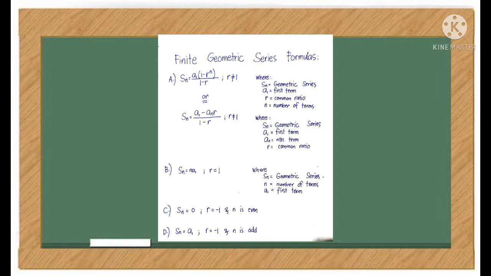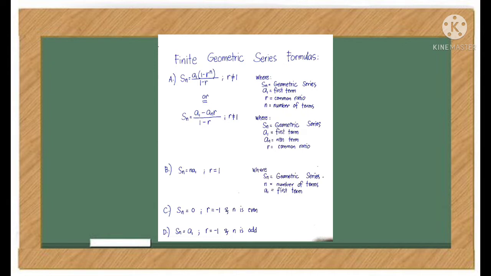If in case your r is equal to 1, you can use the formula S sub n is equal to n A sub 1, where S sub n is the geometric series, n is the number of terms, and A sub 1 is the first term. If your r is equal to negative 1 and n is even, you can use the formula S sub n is equal to 0.